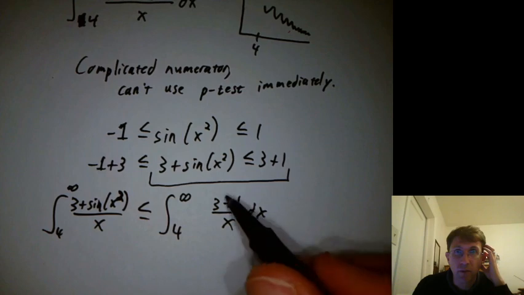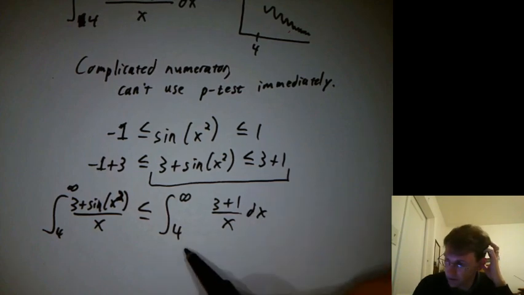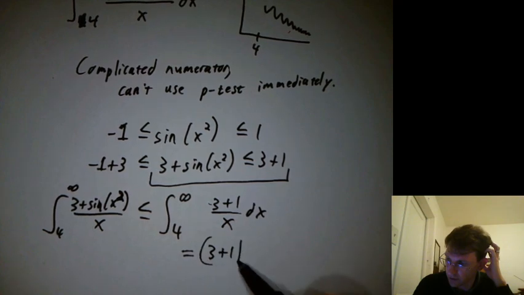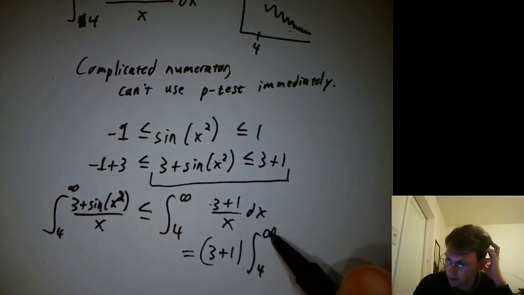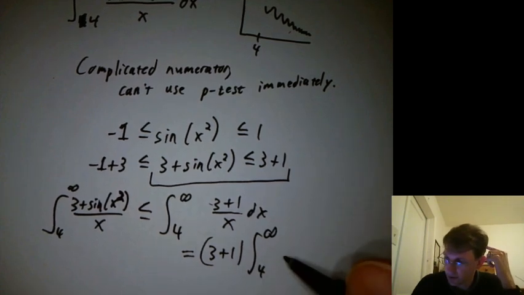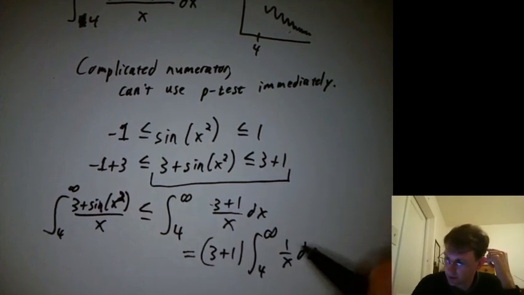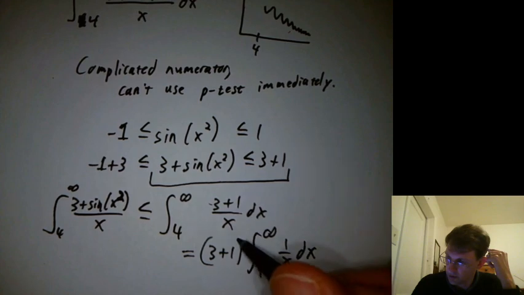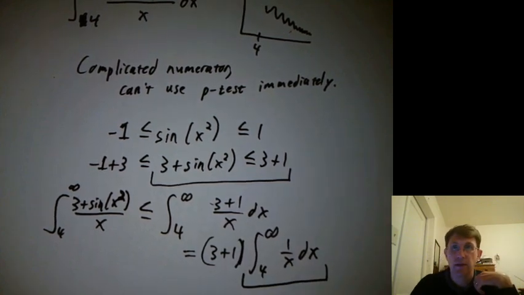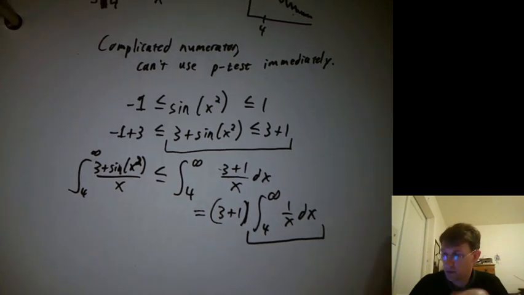Well, what about this integral? We could move that out, so we could say 3 plus 1 integral 4 to infinity. It's just a coincidence we got 4's here. Don't worry about that. What is this integral? There you can do a p-test with p equals 1.